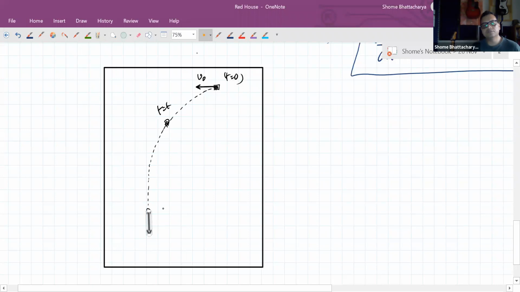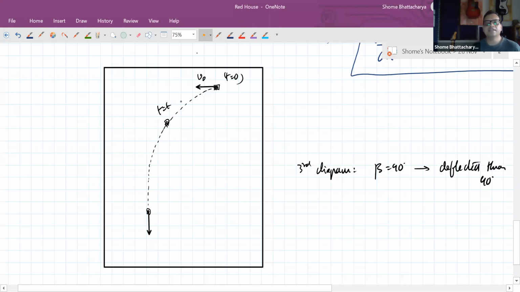That point of time is some very large amount of time. So here you can see in the third diagram, what has happened is that beta has become 90 degrees. So it has deflected through 90 degrees.